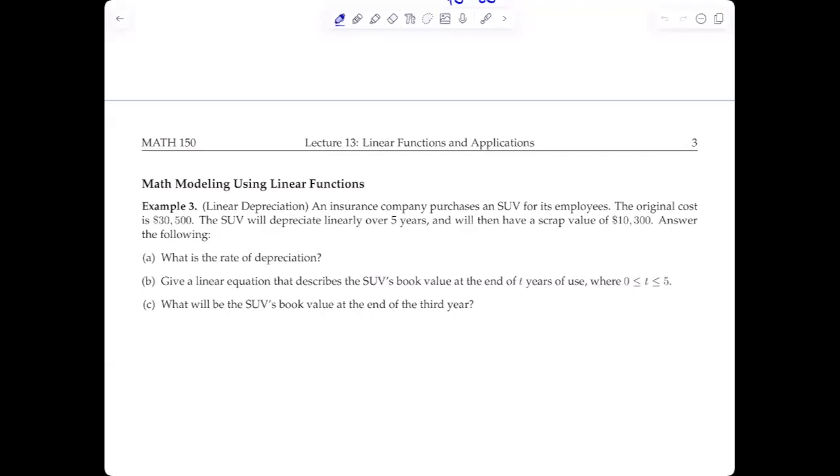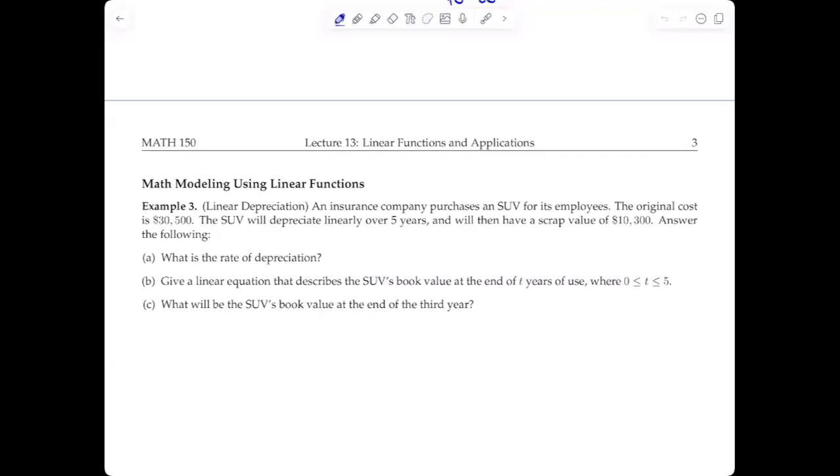Now, from the given information, you need to gather some information for our calculations. Okay. So it says that the original cost is $30,500. And then after 5 years, the value of the SUV goes down to $10,300.